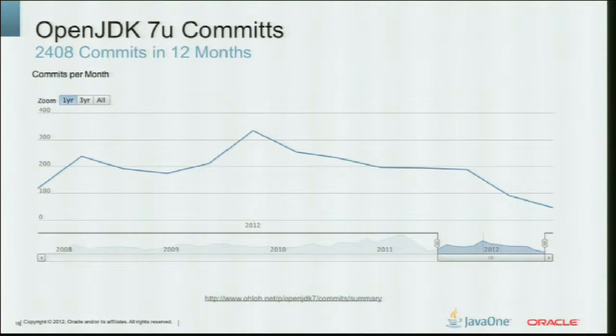And this is just a picture for the first 12 months. You can see that in the first year of the existence of the project, we had around 2,400 commits. So that pretty much breaks down to about 200 per month. Now, it doesn't mean that every month we check in 200 bug fixes, right? Some of these are things like somebody tagging the repository for a build.